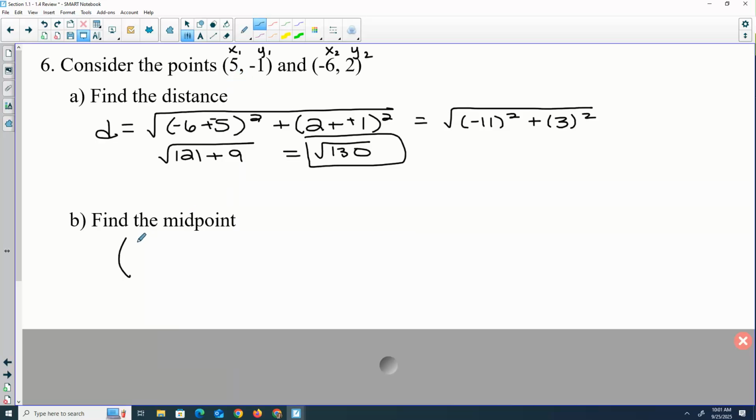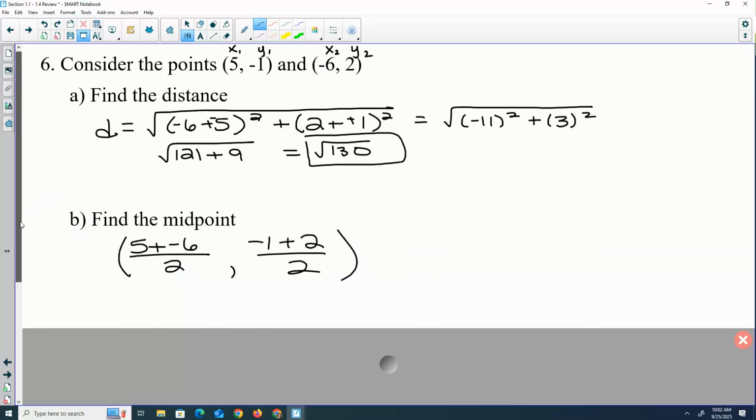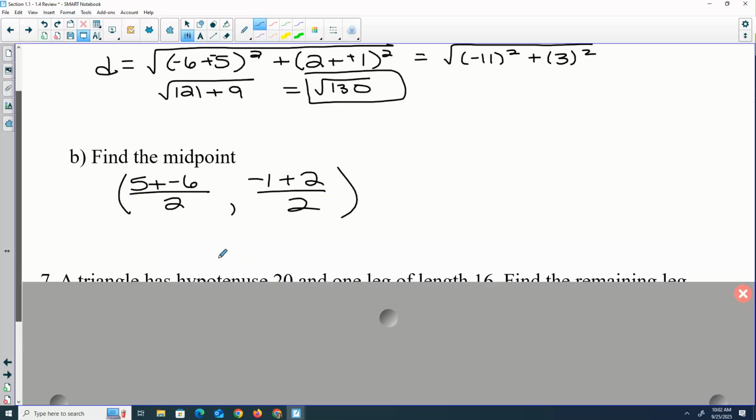So x1 is 5 plus x2 is negative 6 divided by 2. y1 is negative 1 plus y2 is 2 divided by 2. So if I do that, we get a negative 1/2 and a positive 1/2. Reduce if possible. If it were like 6/2, go ahead and tell me it's 3. Any questions about distance and midpoint?